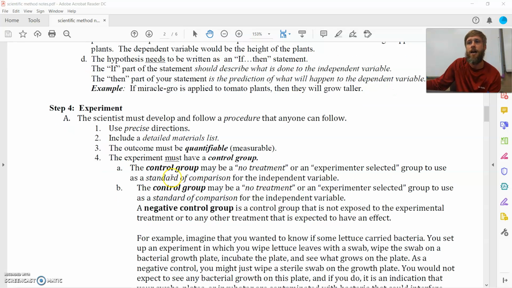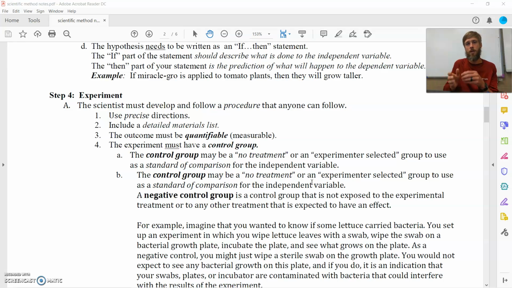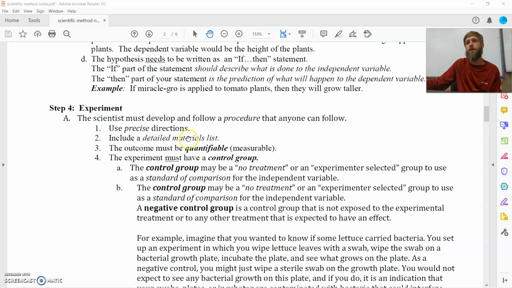The experiment must have a control group. A control group may be no treatment or an experimenter selected group to use as a standard of comparison for the independent variable. So a control group gives you something to compare your experiment to, right? So if we're testing with this previous example, if Miracle-Gro is applied to tomato plants, then they will grow taller, then think about for a second what a good control group would be.